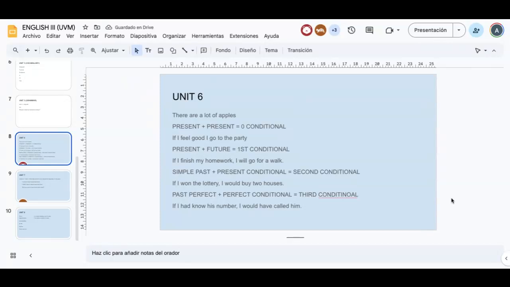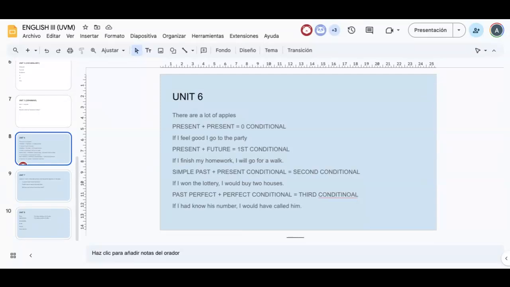Okay, and as you can see, the second conditional and the third conditional are the unreal conditional because the actions that are expressed in those conditionals are impossible to happen. Or not impossible, but very unlikely. Well, in the second conditional, it's very unlikely. In the third conditional, they're impossible because third conditional is about the past.